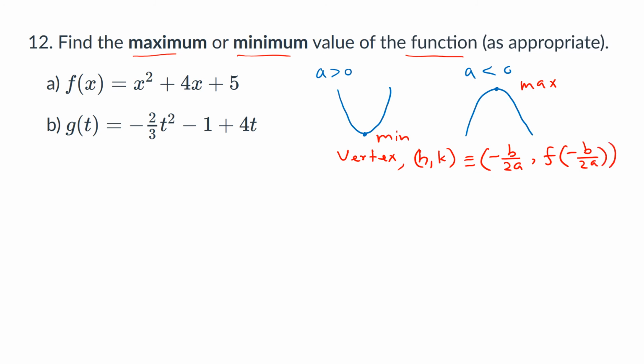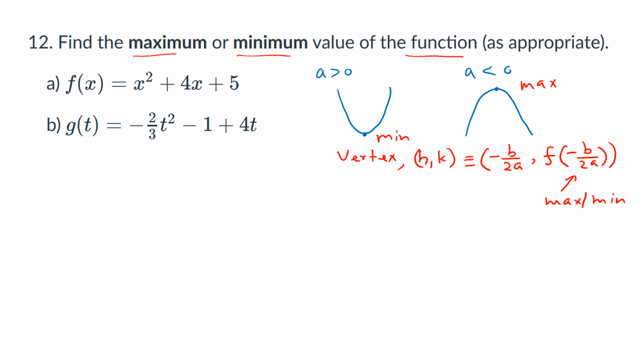That's what the theory says. This is either the maximum or minimum depending on a. So we simply need to calculate f of negative b over 2a, and that is the maximum or minimum we are looking for.